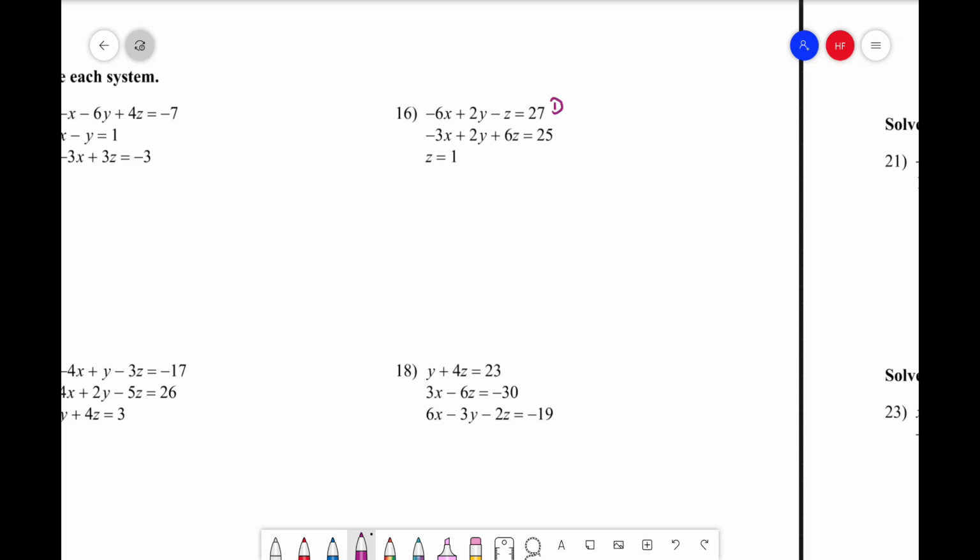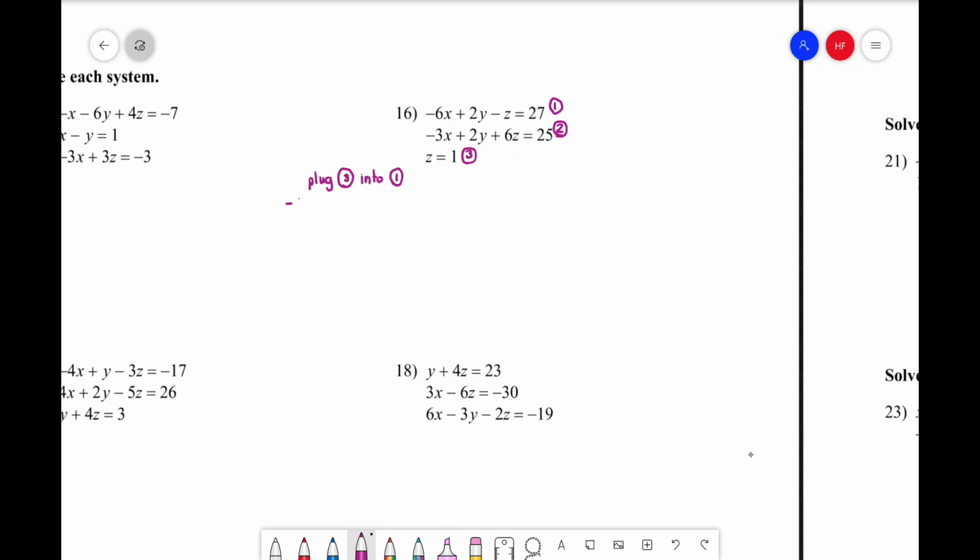I'm going to number these. So I'm going to plug in, well, I'll be more specific. Plug 3 into 1.